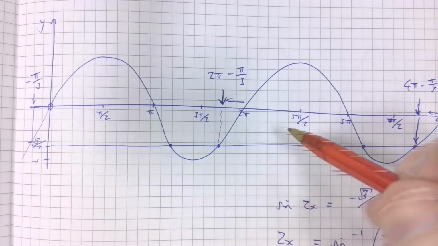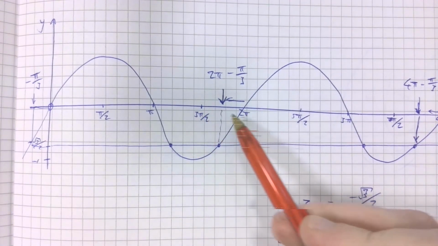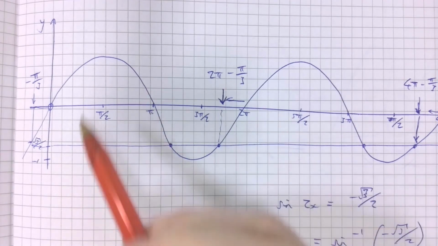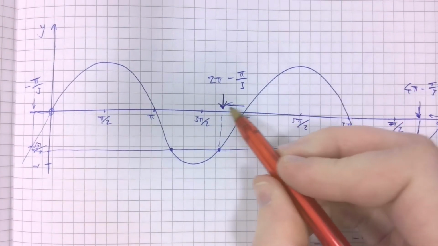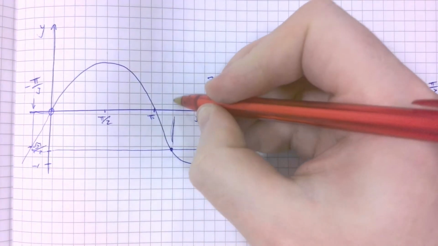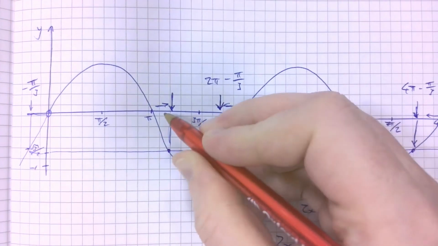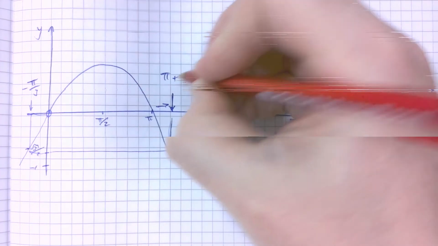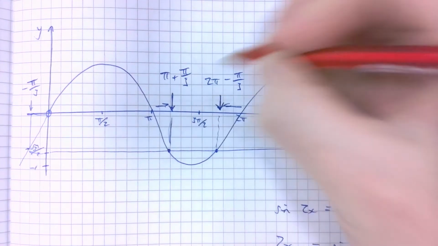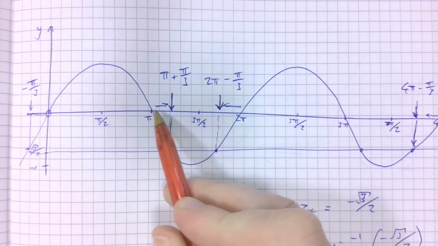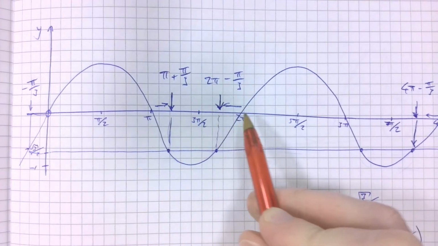Now, you might be aware that this is a symmetrical graph, generally speaking. So this distance here is the same as this distance here, making this value pi plus pi over 3, because this distance is pi over 3, just as this distance is pi over 3.